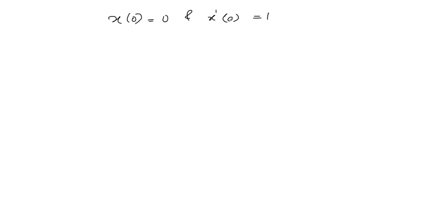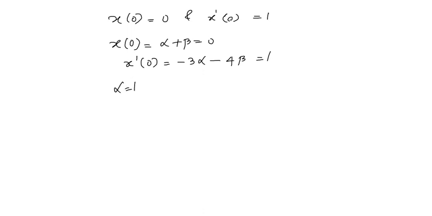It then follows that x of 0 is alpha plus beta, which is equal to 0. Now x dash of 0 is minus 3 alpha minus 4 beta, which is equal to 1. These are simultaneous equations in alpha and beta. We can verify that alpha is equal to 1 and beta is equal to minus 1.